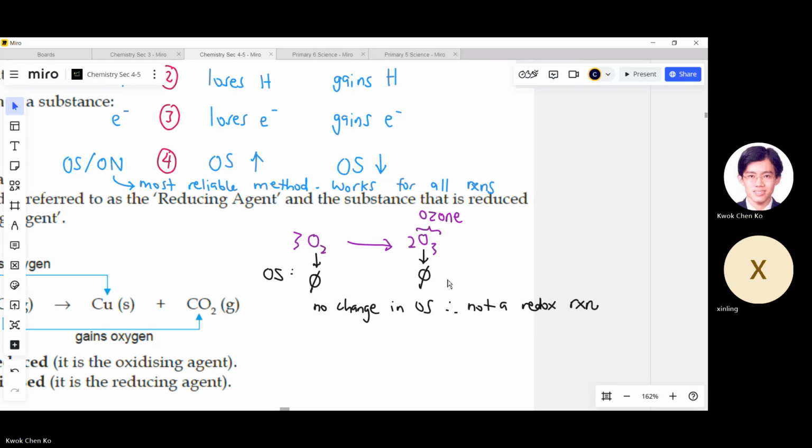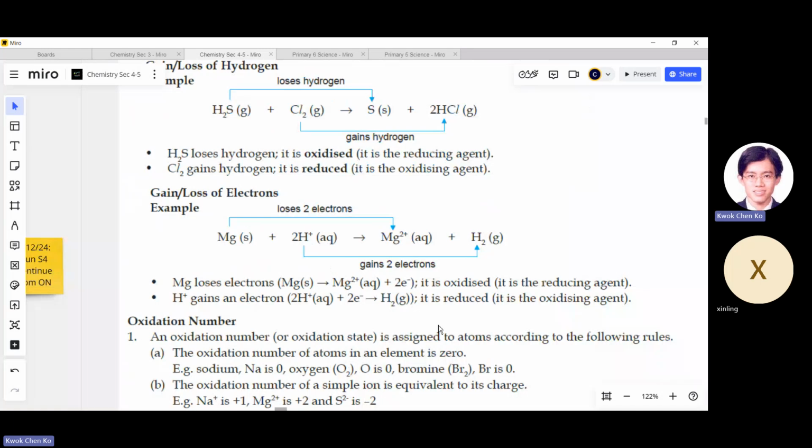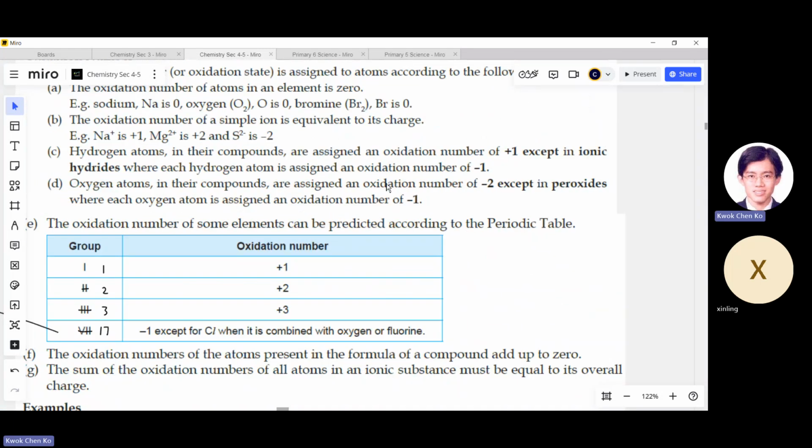Now, since you are all impure, the bad news is the exceptions will be coming up. Where are all the exceptions, or the unusual examples here? Look at rule C, in ionic hydrides, where the OS is -1.